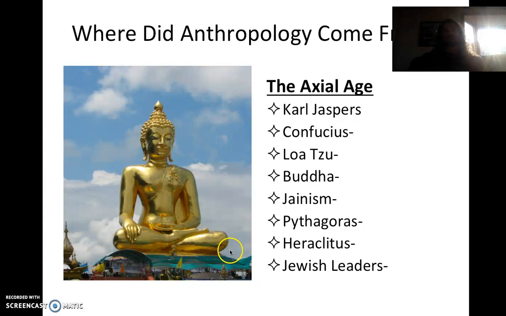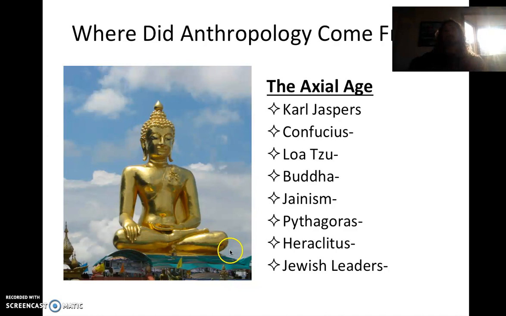Before today, just realize that the Axial Age, we're talking about 500 BCE, is this time period that the philosopher Karl Jaspers coined and believed that human change came to an impetus at this time period, where you see an astounding amount of individuals and societies changing their mentality around things.